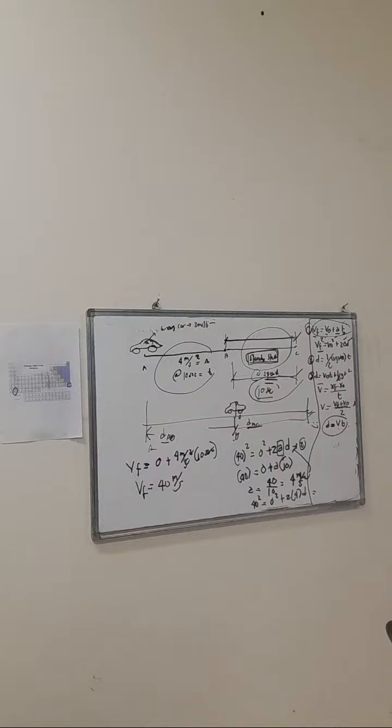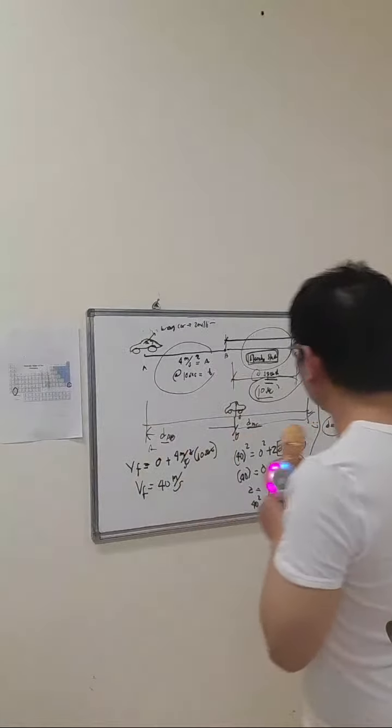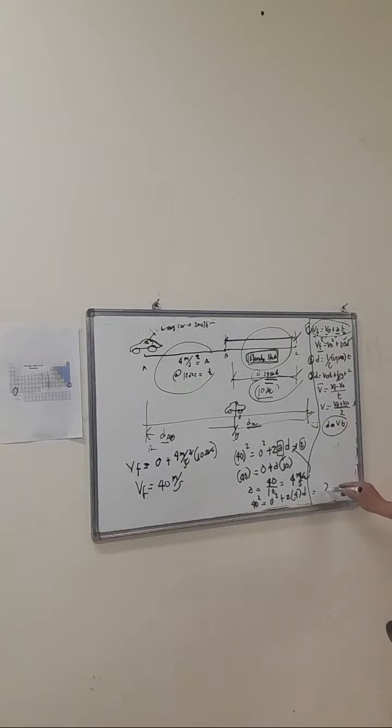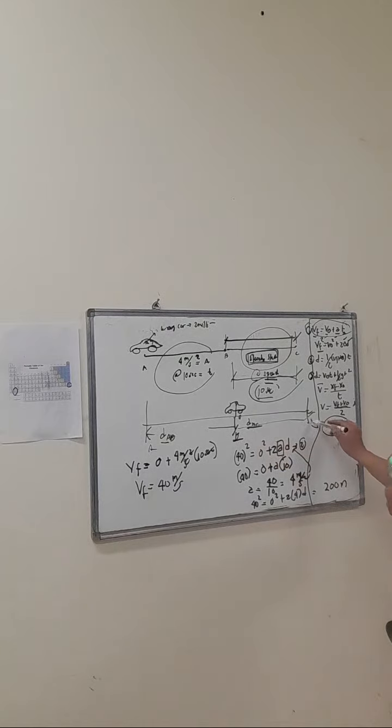So 40 squared divided by 8. So we have 200 meters. We have now 200 meters in the part from point B to point C.